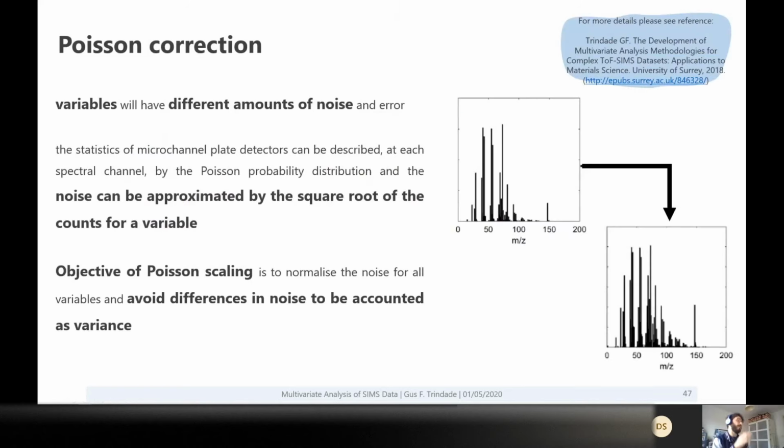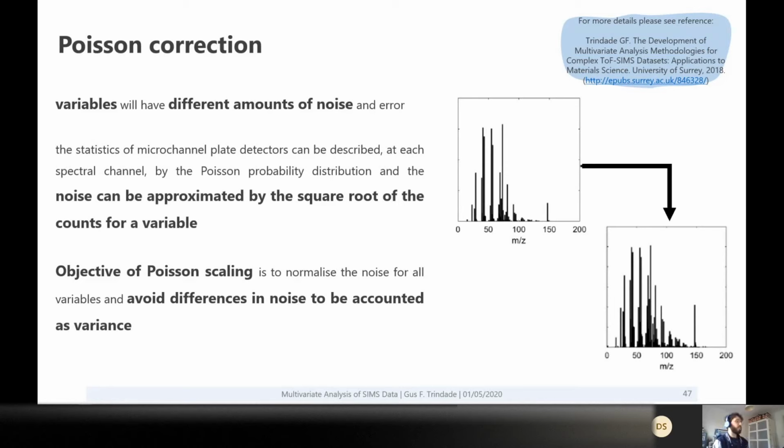Another thing we have to worry about, I won't give much detail, is something called Poisson correction, but that works only for TOF. These slides are from a lecture I gave before the Orbi times. Variables have different amounts of noise or error. The statistics of these microchannel plate detectors are described by the Poisson probability distribution, the counting statistics of these channels.